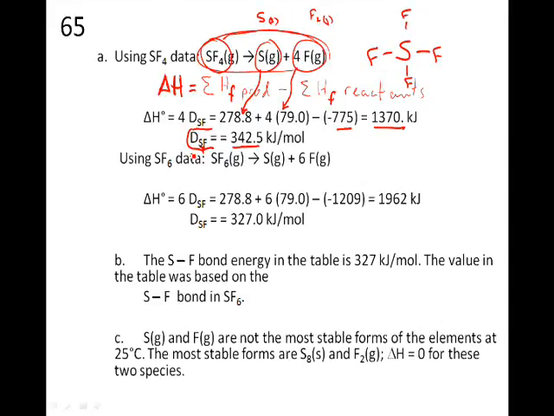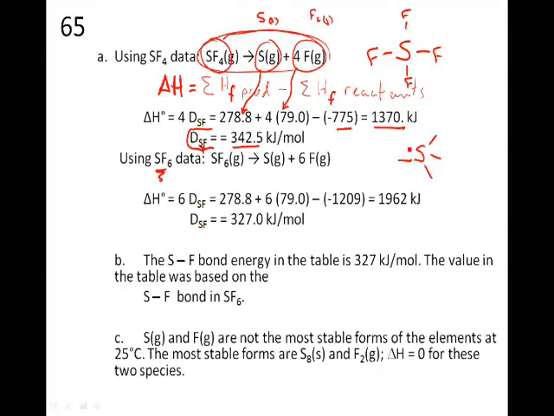Now the only difference here for the second part is we're looking at SF6. 6 fluorines out here like this, and so here we're going to be multiplying this by 6 fluorines, and so we'll get 1962 kilojoules.